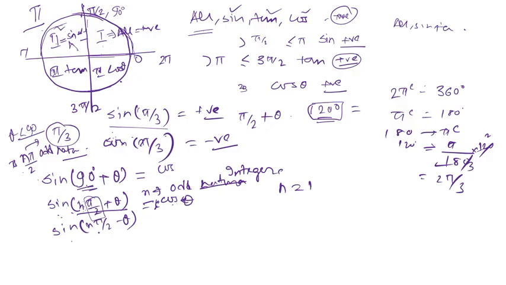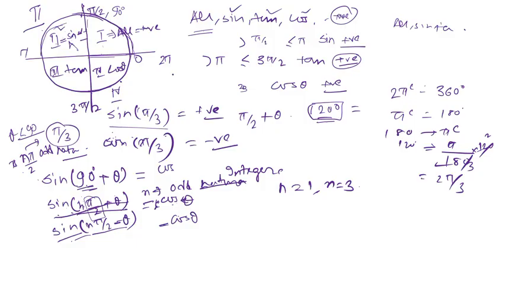Now sine n pi by 2 plus or minus theta. Let's take n equal to 3. 3 pi by 2 plus theta will fall on the fourth quadrant. When n equals 3, it will also become cos theta, but this time it will become minus cos theta, because in the fourth quadrant, cos is positive, not sine.